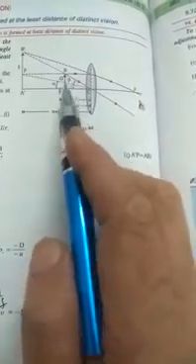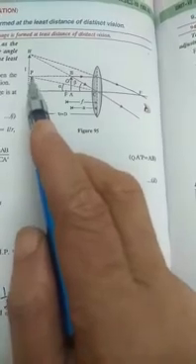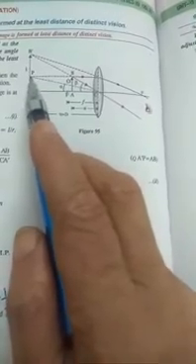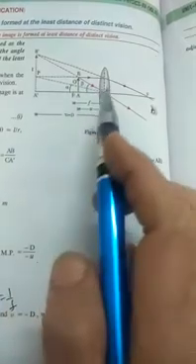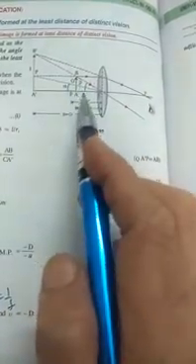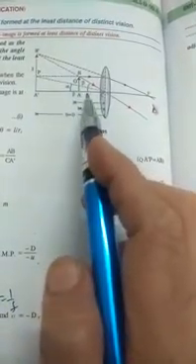Now if this object AB is placed at A dash P, the angle subtended by the object would be alpha, and the angle subtended by the image to the lens, that is beta. Now come to the magnifying power.